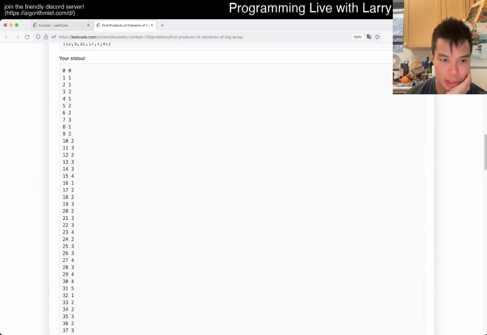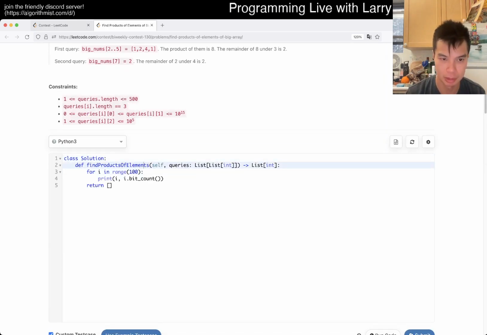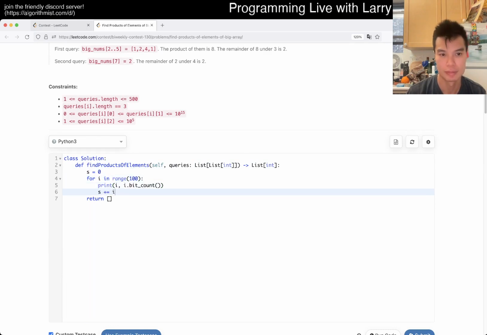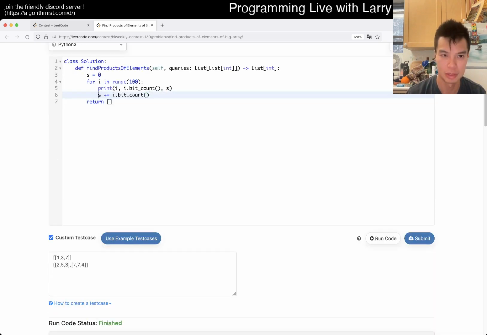The number of 1s. And maybe we can even do a binary search on. Can we do a binary search on this sequence? I don't know. Alright, so then what's the prefix sum here? Let's see. Nope. This is what I want.